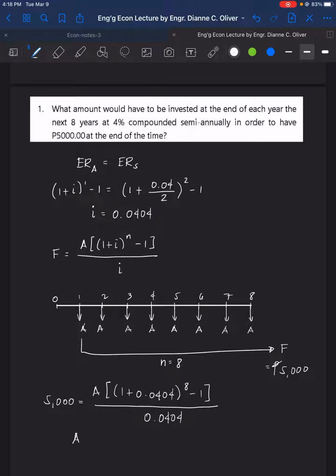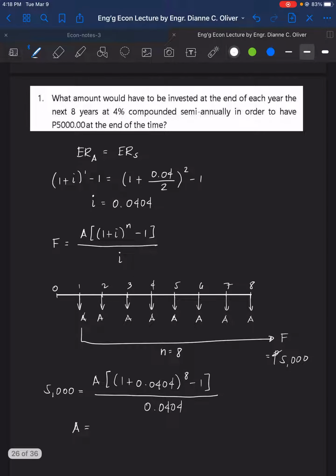Now what's the value of the annual payment? The annual payment is equal to 541.87 pesos. So that's for number 1, which is an ordinary annuity.